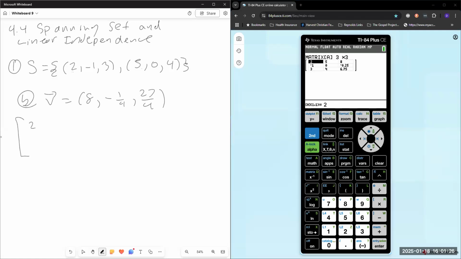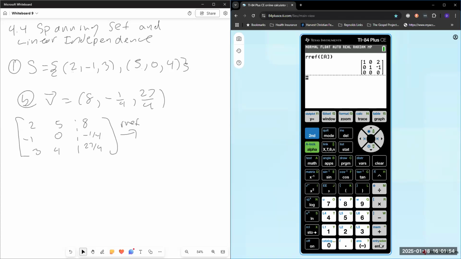And that's my new matrix that I want to write down here. So this is 2, 5, 8, -1, 0, -1/4, 3, 4, 27/4. And to RREF that, remember, RREF is reduced row echelon form, the same as Gauss-Jordan elimination. Just going to go back and get that same command because it's the same matrix.